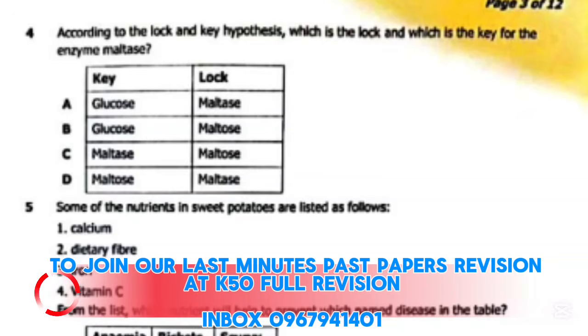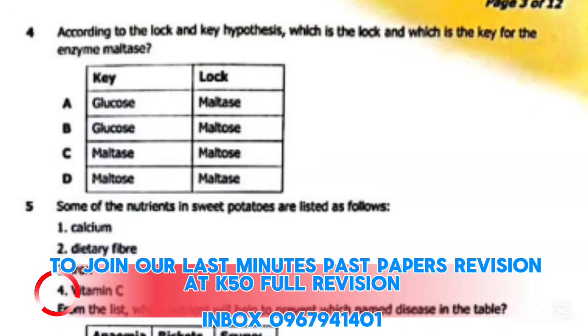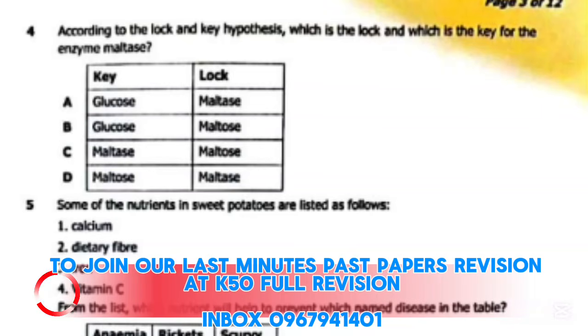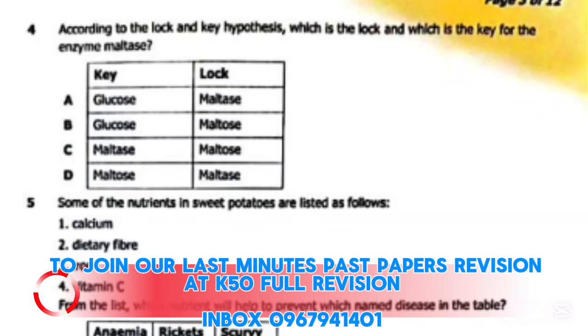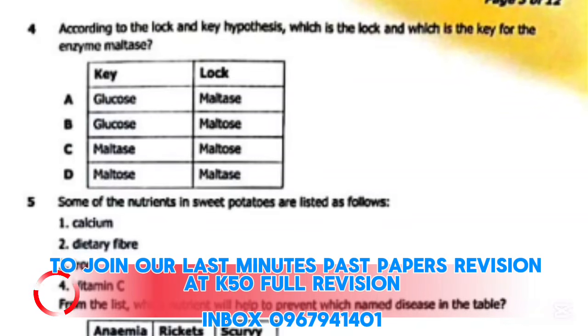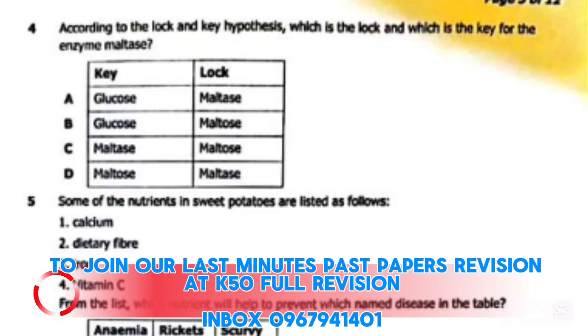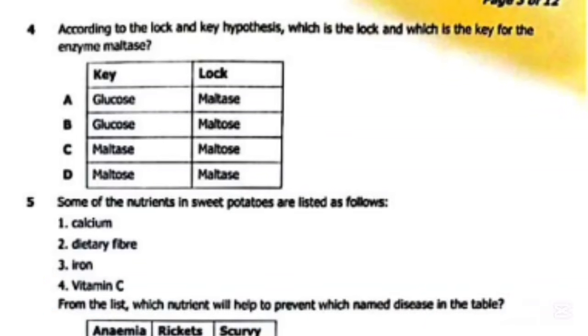After you have identified that, you now have to understand which one between the enzyme and the substrate is the key and which is the lock. I told you that enzymes are specific, just like a lock is specific.